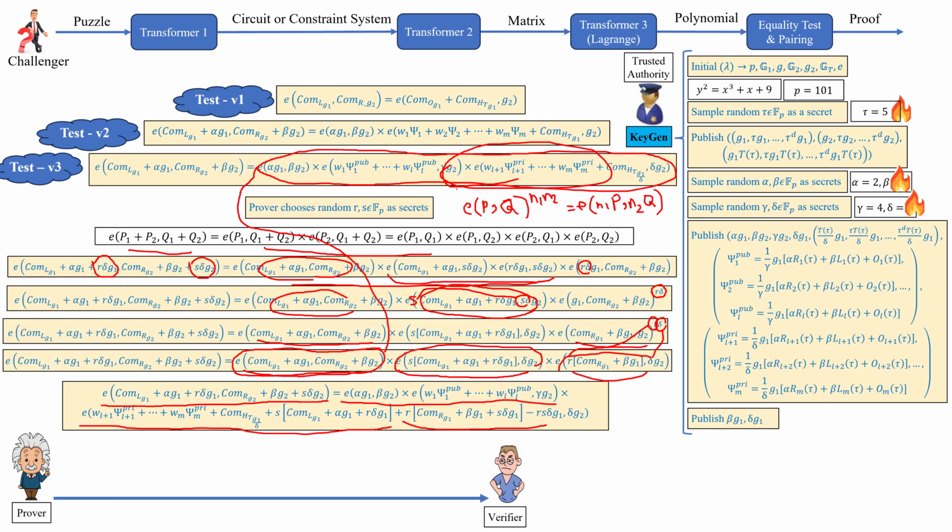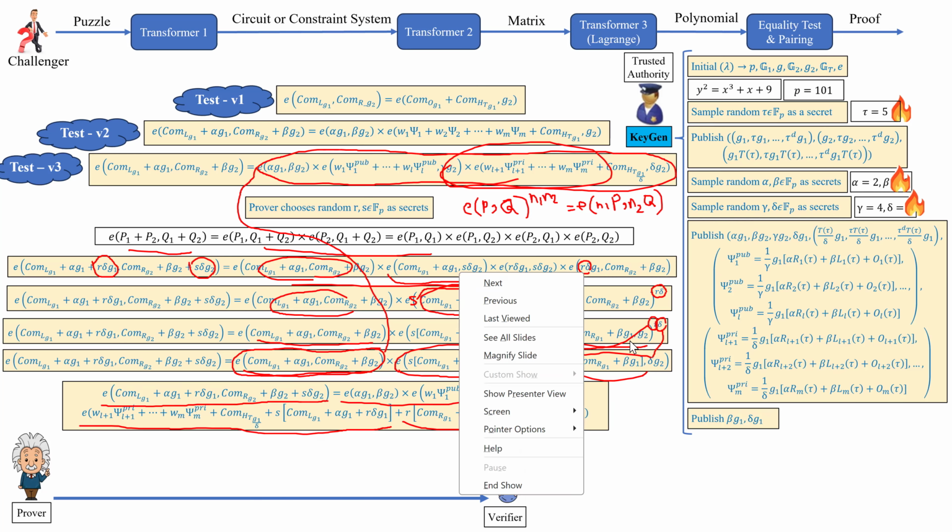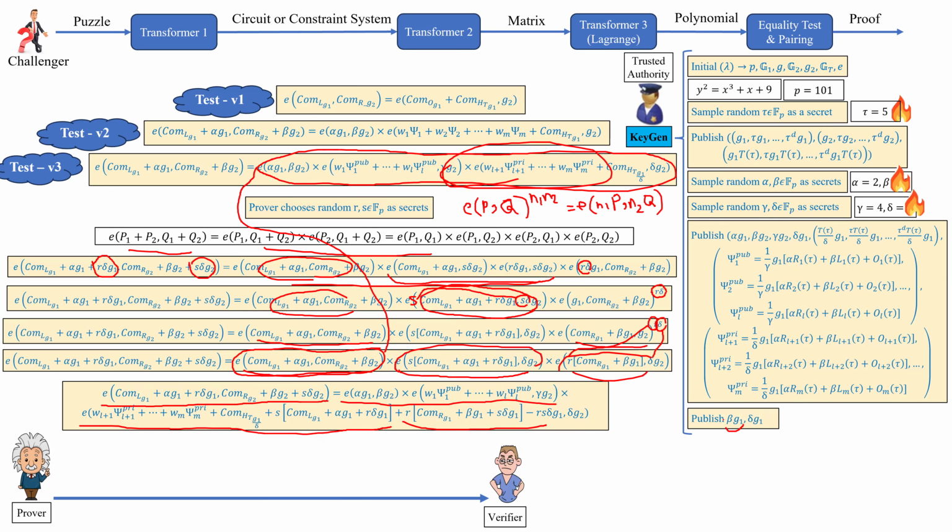So now the trusted authority also needs to share beta G1 and delta G1 because we need them in the new test. Delta G1 here is needed, and beta G1 here is also needed by the verifier.